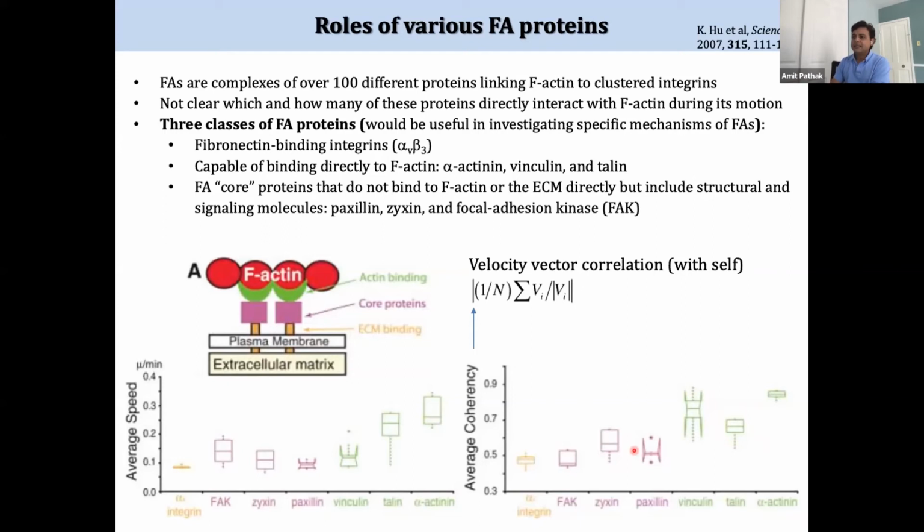I think this is the only slide I have showing the different components of focal adhesions and what are their different roles. This is an important one, mainly because if you do experiments down the road and focal adhesions come into the picture, and somebody says, what is the role of focal adhesions in this phenotype?